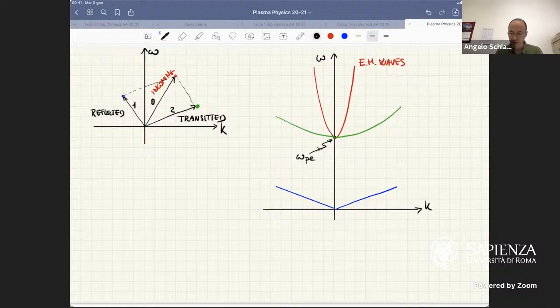And we call these waves photons in our particle description. Then we have the electrostatic wave for electrons, the longitudinal waves, and we call this the electron wave. And this electron wave is represented by a particle that we call plasmon.